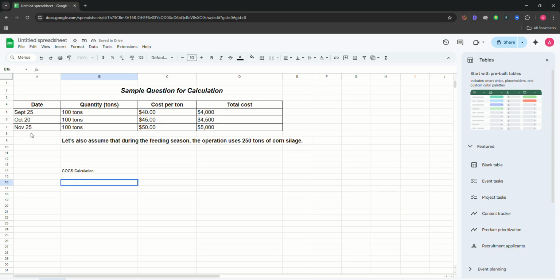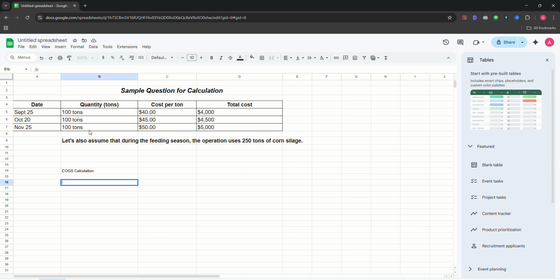So now let's read the question first. Let's assume that during the feeding session the operation uses 250 tons of silage.